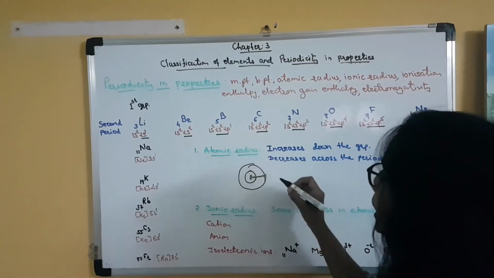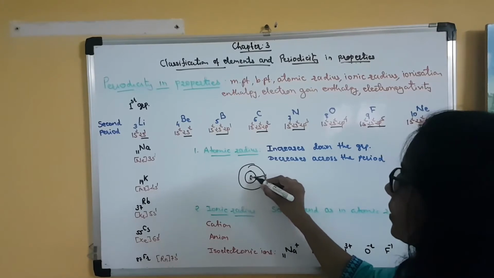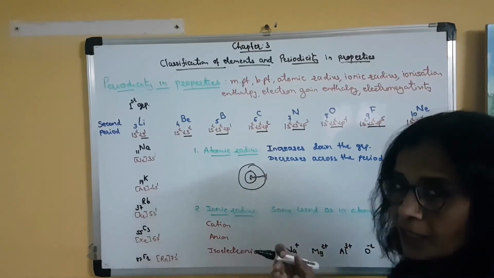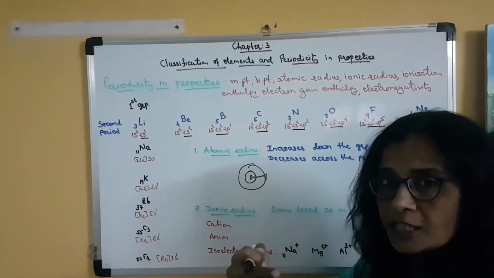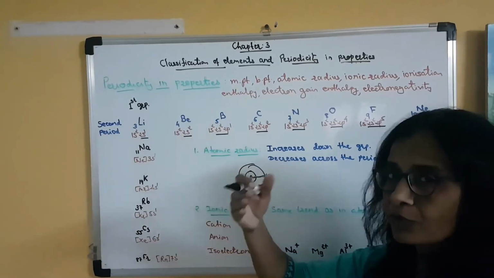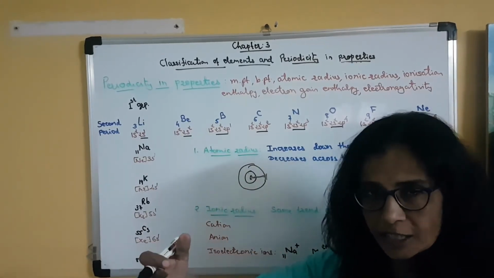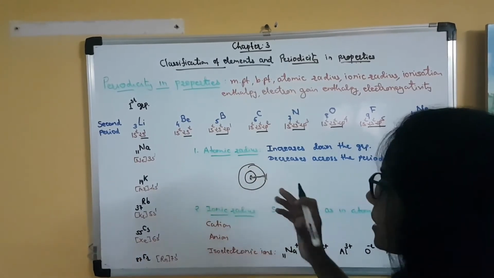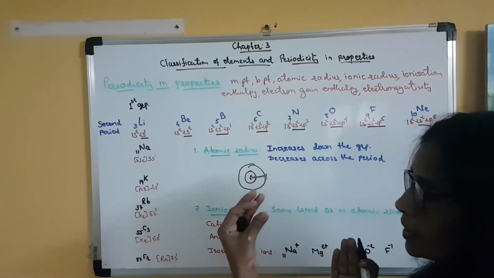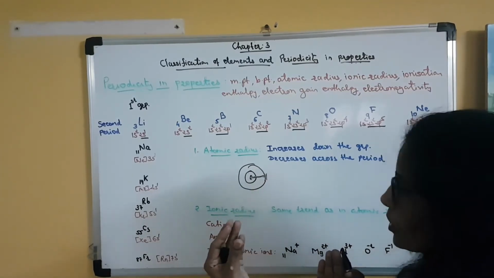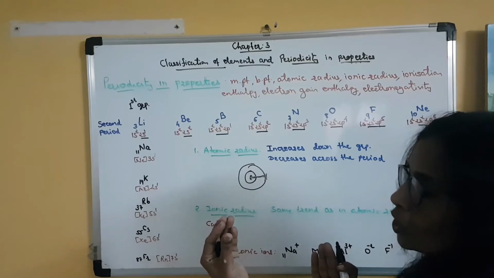Clear? So the effective nuclear force of attraction on the valence electron increases because the distance is the same, whereas in the case of a group, the distance increases successively.